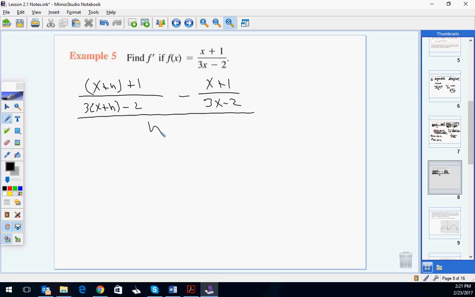Do you have to put a column base? Yeah, so we're going to try to get these to be the same. Like I said, it's not going to be very pretty.